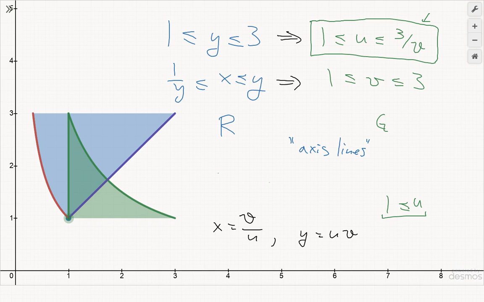Okay, but now that we've figured out the bounds, we can go back to our problem and evaluate the integral.